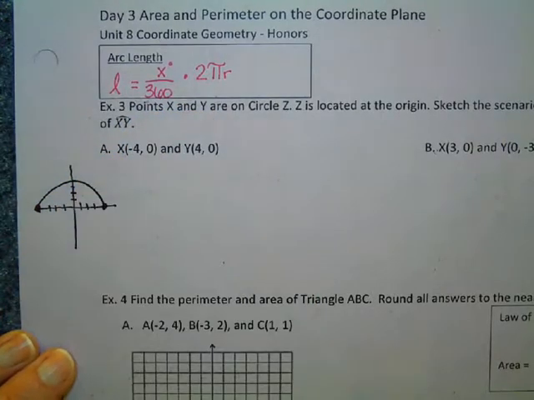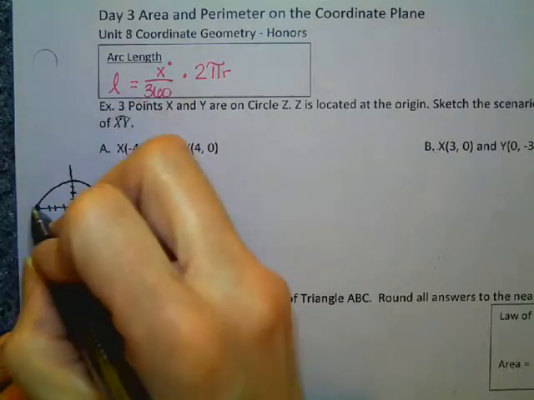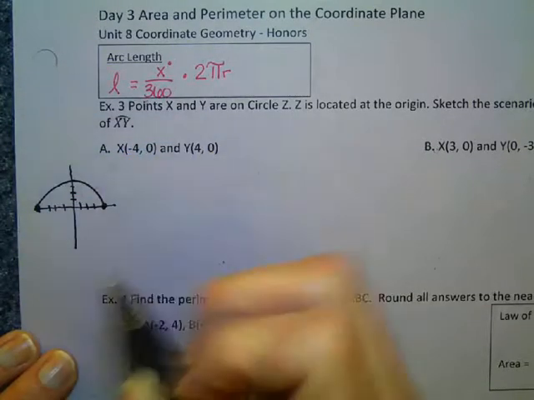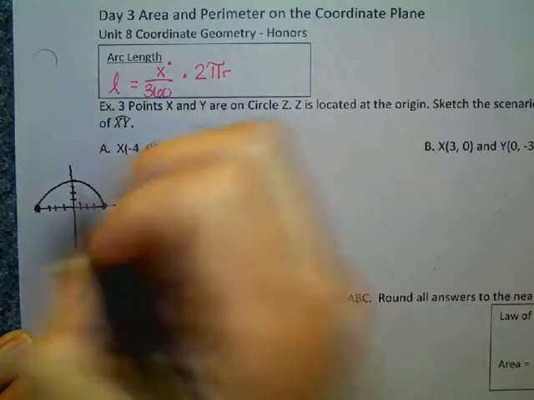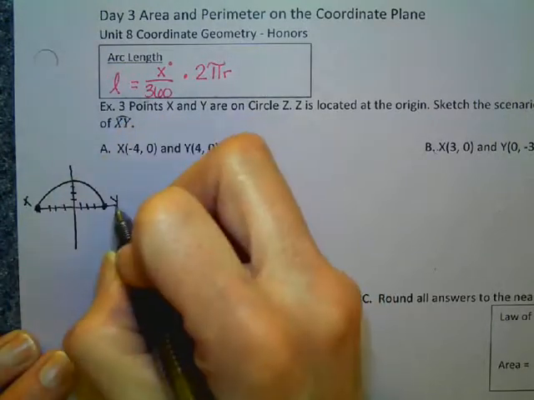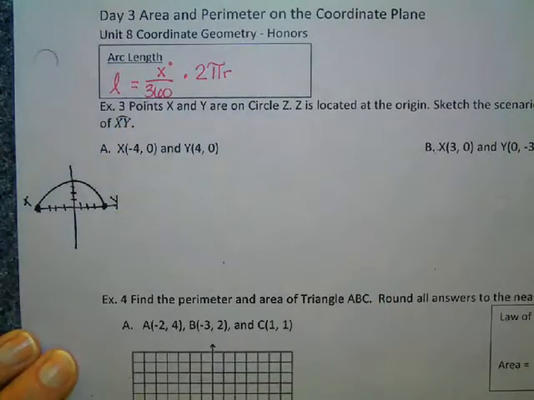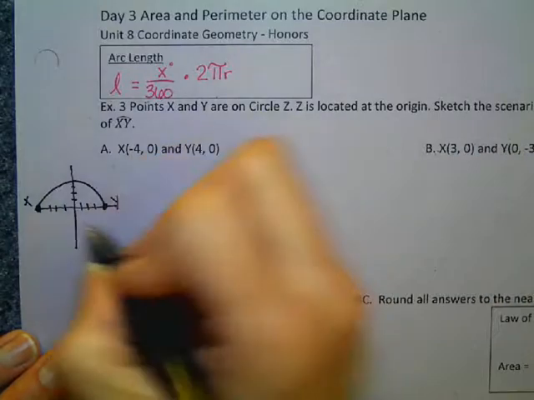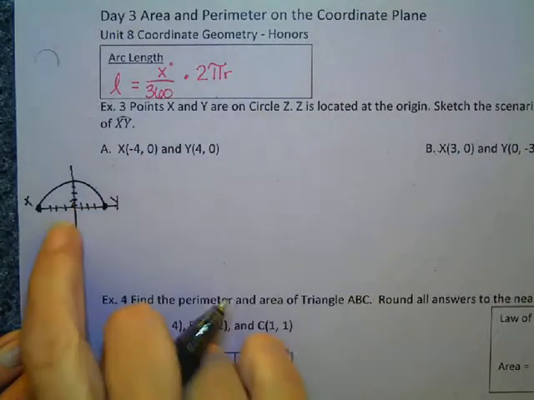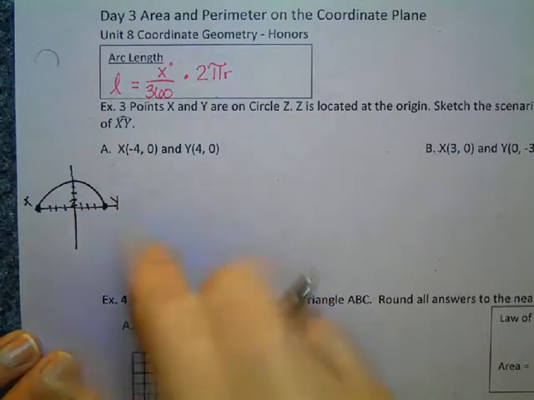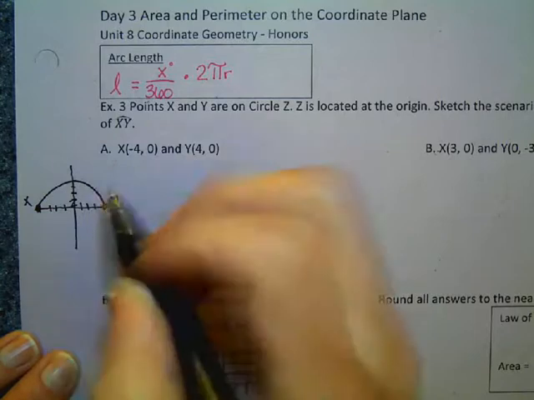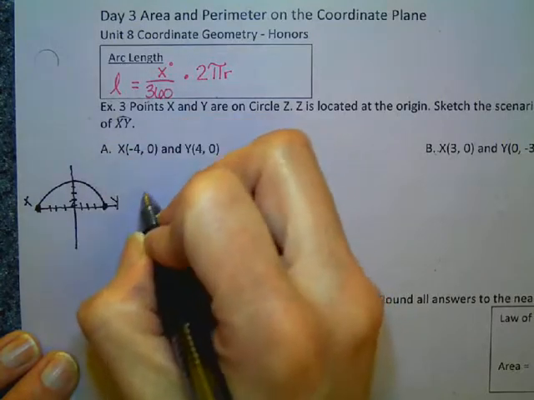You can kind of draw a circle from there to there. Now, it only wants the length of that part. We could draw the whole circle, but it's only wanting the length from this point, x, to this point, y. Okay? It says Z is located at the origin, so that means that's going to be your center.